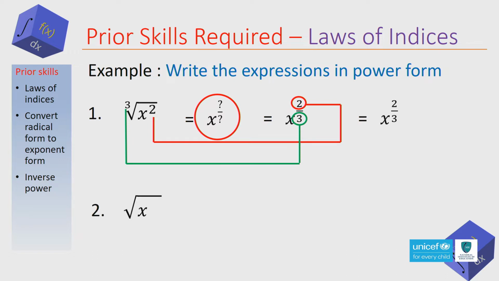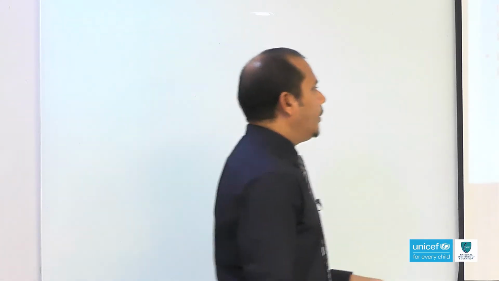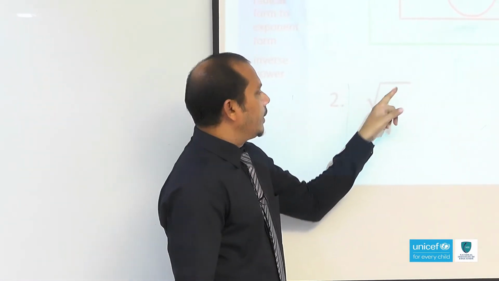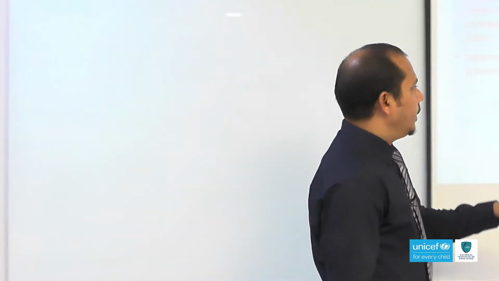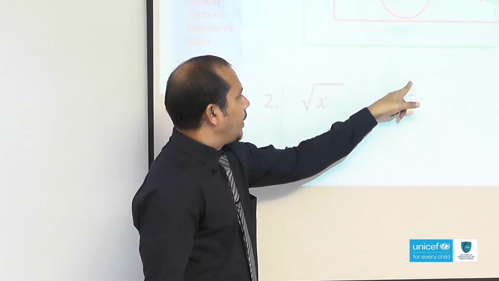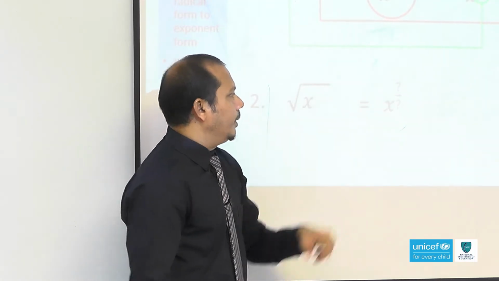Second example, here we have a square root of x. Again we have a root, and you can see that there is no number written here, because that symbol is reserved for square roots, and the power of this x is also not written, it is 1. So, when the power is 1, we do not write it. If we convert this to power form, two numbers will come here as the power, which is a rational power, a fractional power.